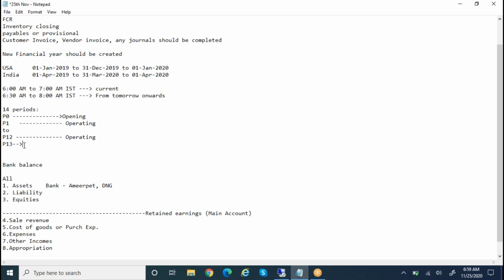And closing is also there. This type is closing. So that closing I have not explained. I will explain it after some more time. After some days, we'll discuss once again about this closing.